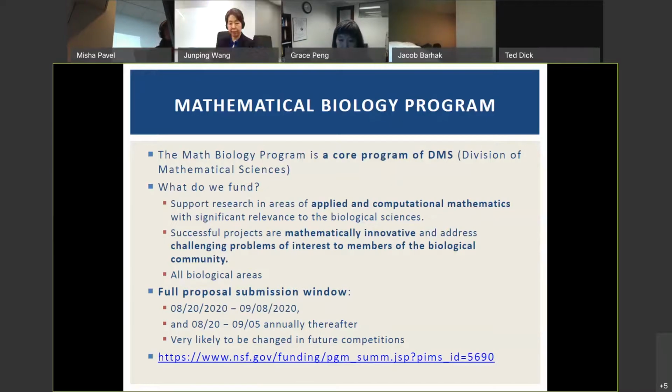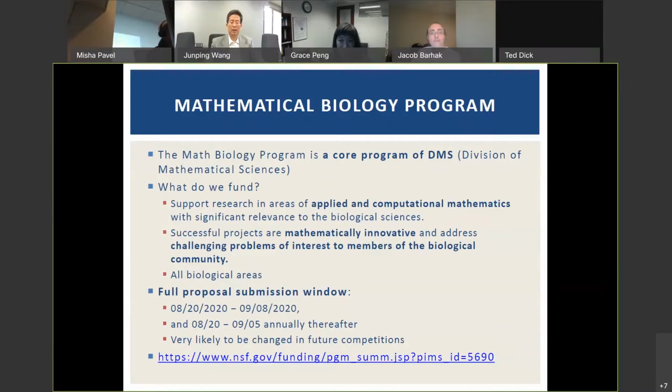The Math Bio program supports research in the areas of applied and computational mathematics. Of course, all these problems are supposed to have significant connection or relevance to biological problems. If you look at the awards that we have made, nearly all the successful projects have mathematical innovation, and they also address challenging problems that are of interest to members of the mathematical community.